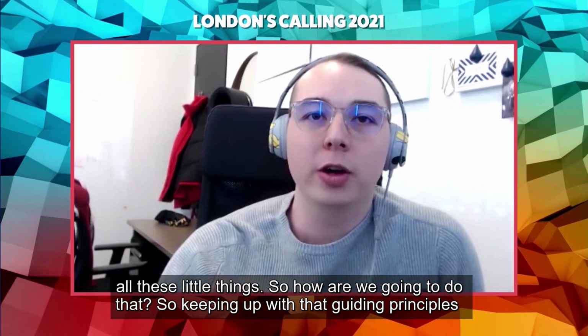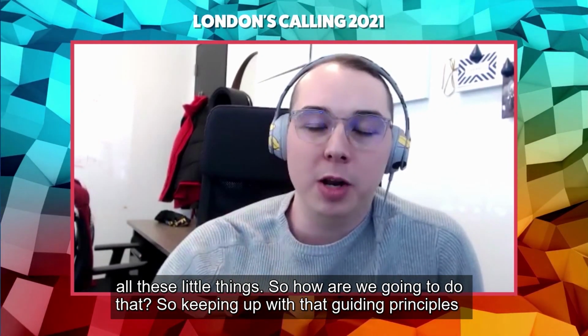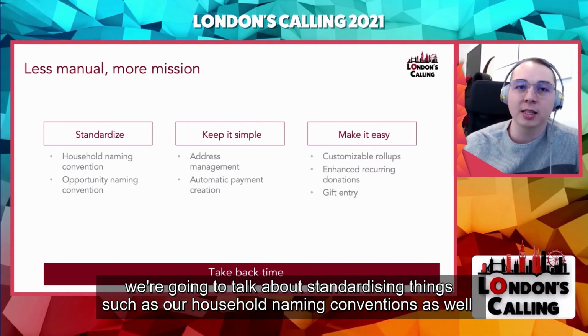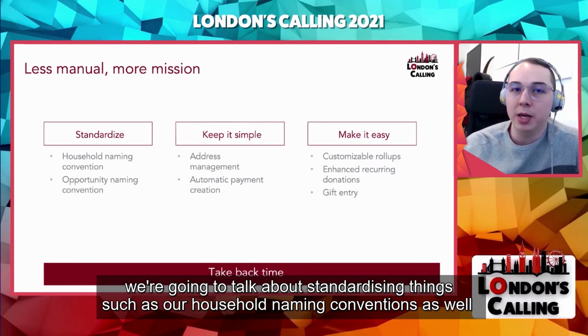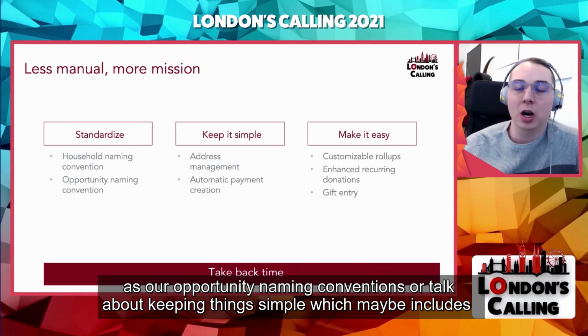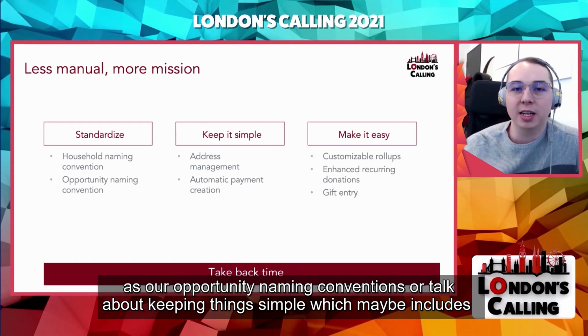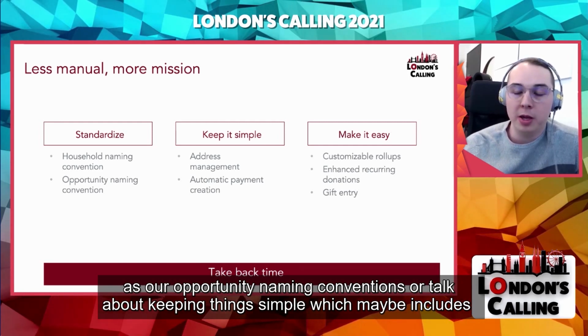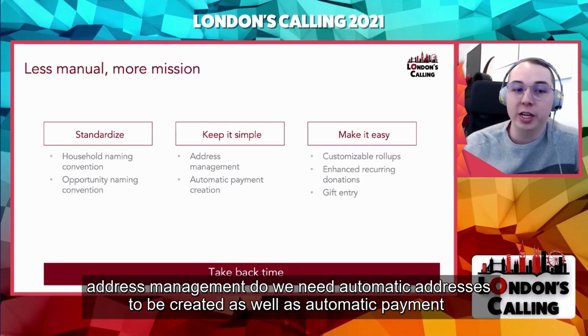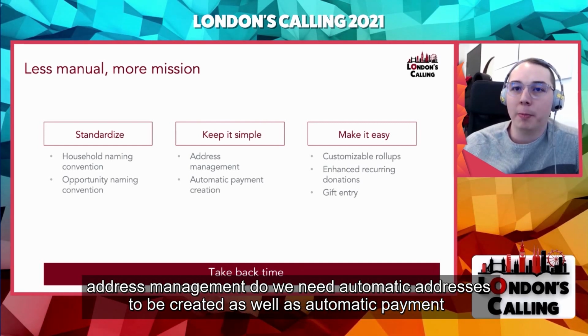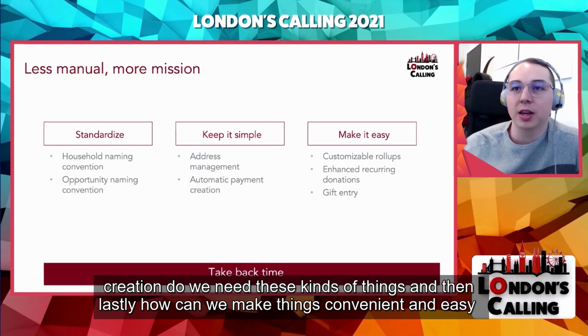So how are we going to do that? Keeping up with those guiding principles, we're going to talk about standardizing things such as our household naming conventions, as well as our opportunity naming conventions. We're going to talk about keeping things simple, which maybe includes address management. Do we need automatic addresses to be created? As well as automatic payment creation. Do we need these kinds of things?